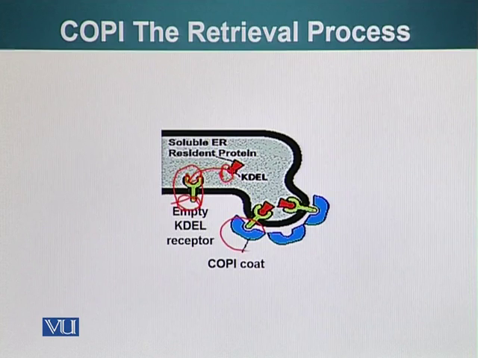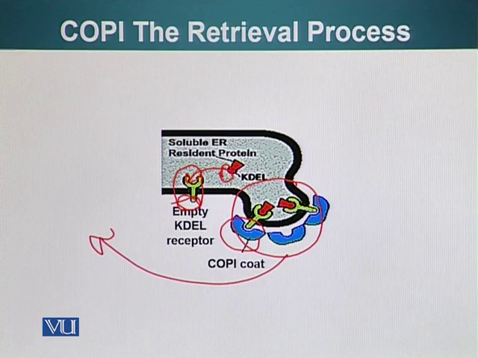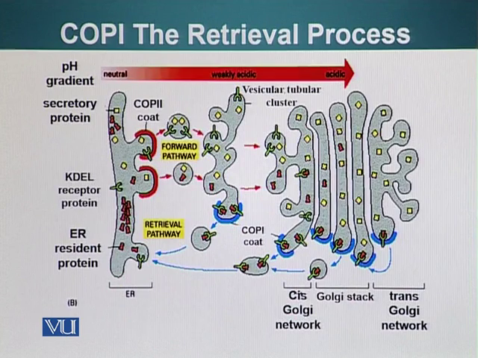They will start to assemble on a specific region of, for example, the Golgi apparatus, and result in formation of this vesicle, which will bud off and go back to the endoplasmic reticulum.